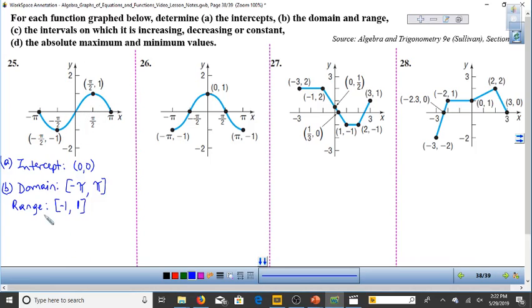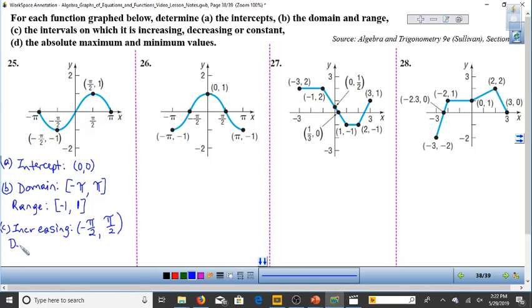Now this graph is increasing in one place. It starts increasing from -pi/2 and stops increasing at pi/2. That's an open interval.